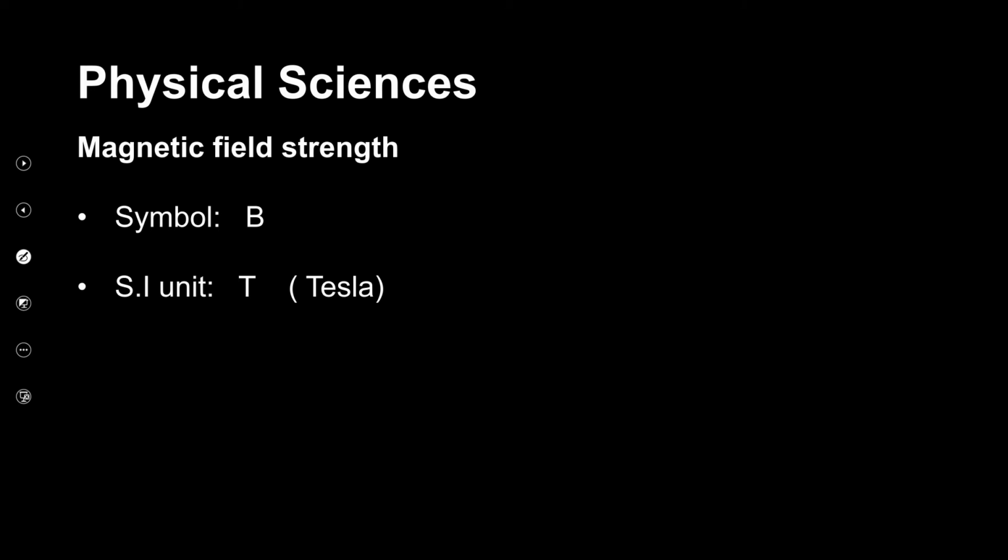Magnetic field is kind of interesting because it doesn't really have too many symbols, but magnetic field strength has been given the symbol B, and it's measured in the units of Tesla. Now, Tesla is famous because of the electric cars, but really, Elon Musk depends on this idea of electromagnetism. Tesla isn't just about cars, but is about a very famous physicist whose name was Tesla, and he did lots of research and inventions about electricity and conveying electricity.